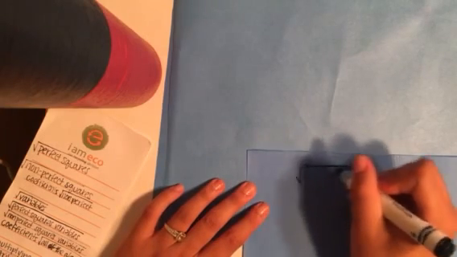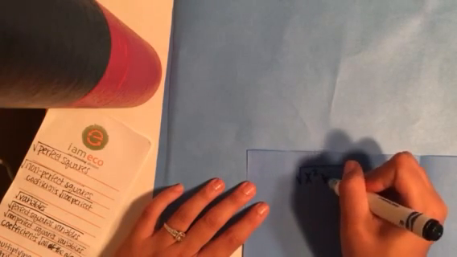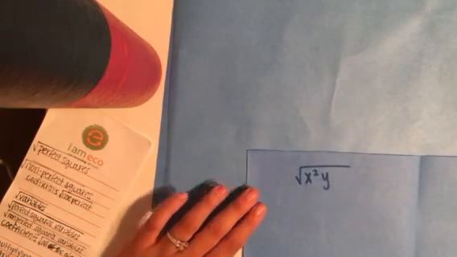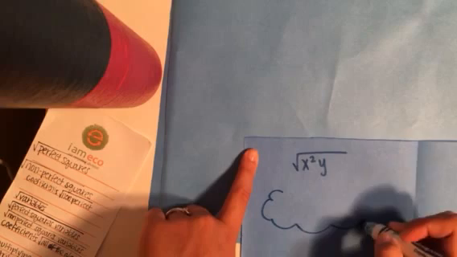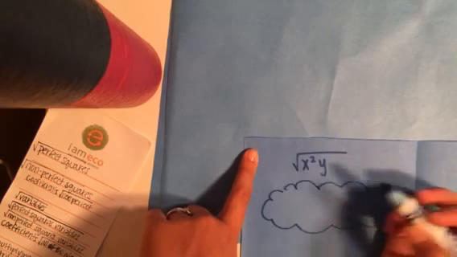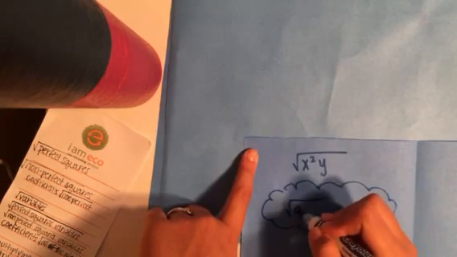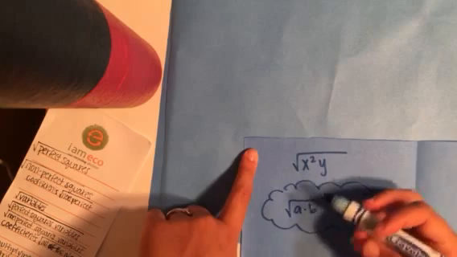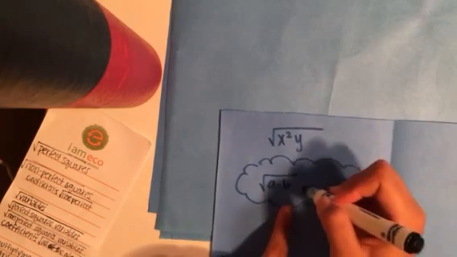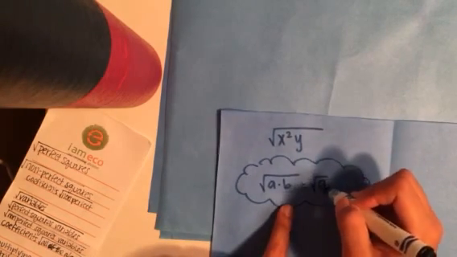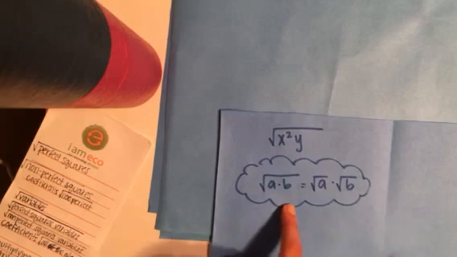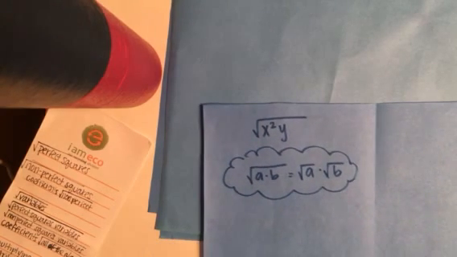So here's an example. Square root of x squared times y. Now, we already know what the square root of x squared is, and our really awesome law of radicals tells us that if we have any two things or three things being multiplied underneath a radical, we can write that as two separate radicals with the same things being multiplied.